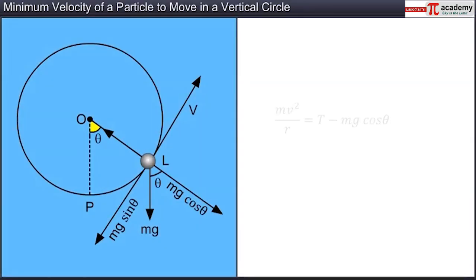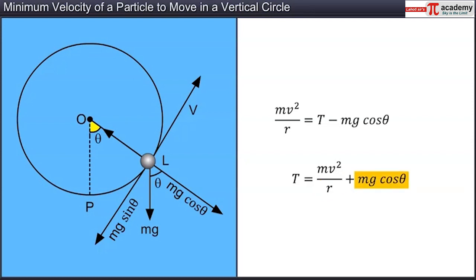It can be written as m v square upon r is equal to T minus mg cos theta. By rewriting this equation, we get T is equal to m v square upon r plus mg cos theta. Let this be equation 1.